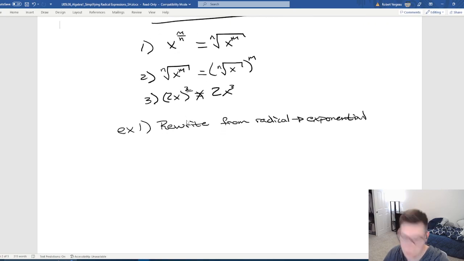And so what we're going to be looking at here is the square root of x to the 10th.